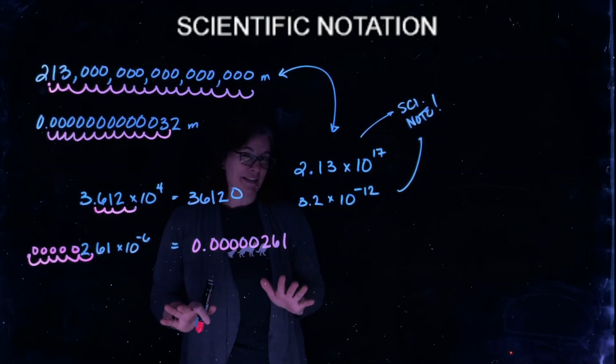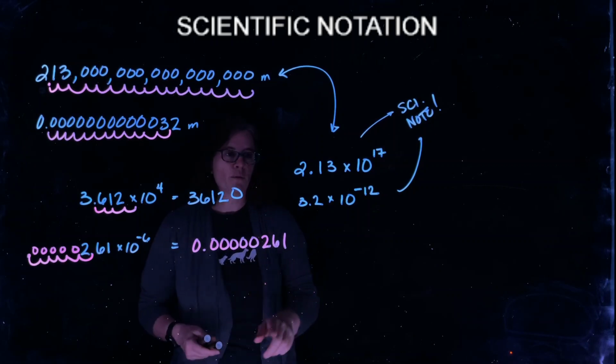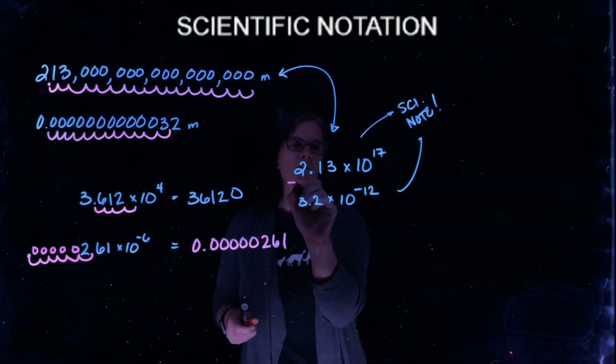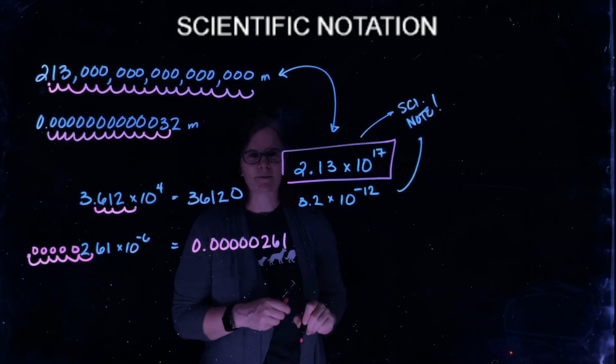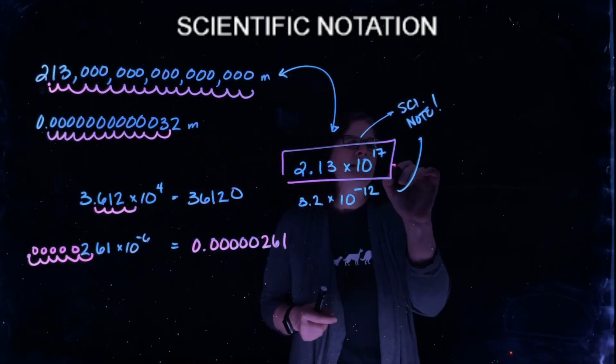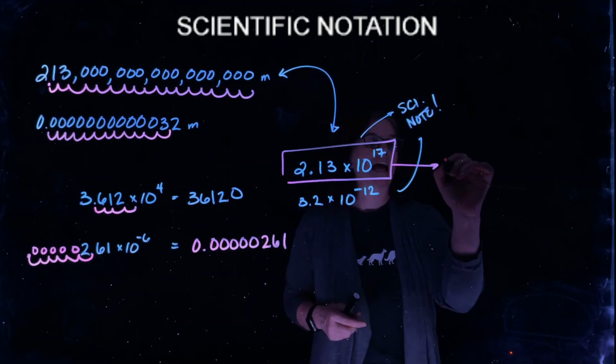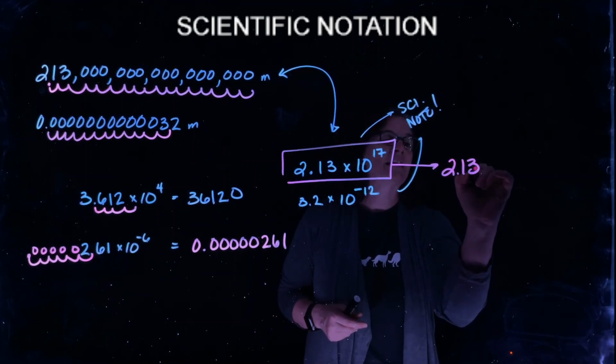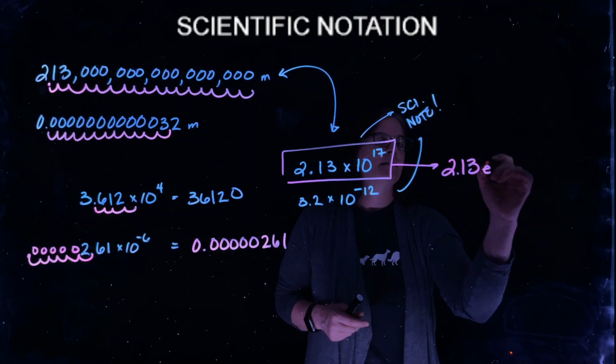There's another way these are written that I want to make you aware of. So we might see something that says 2.13 times 10 to the 17th. We also use the lowercase letter e. So this is also written many times as 2.13e17.